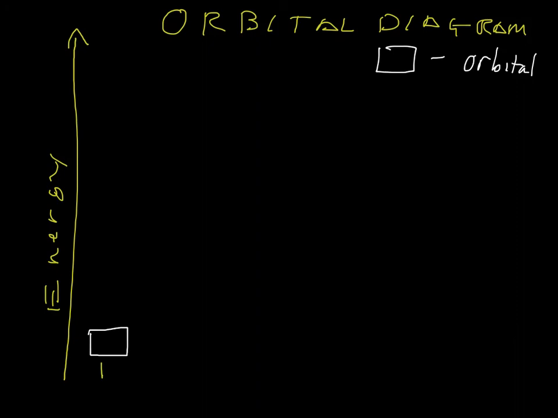And the first subshell in that first energy level is the S, and it has 1 orbital. The second orbital I find is in the second energy level, and it's in the S subshell as well, so it's in the 2s subshell.